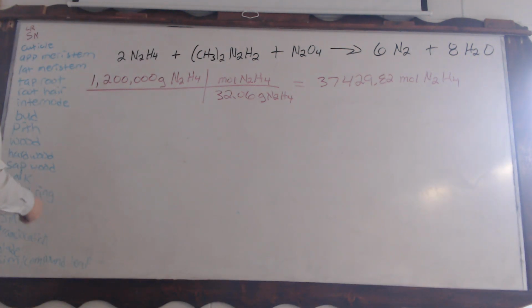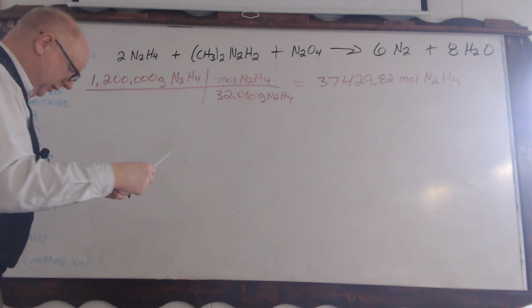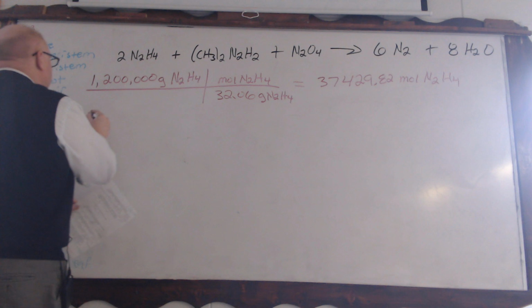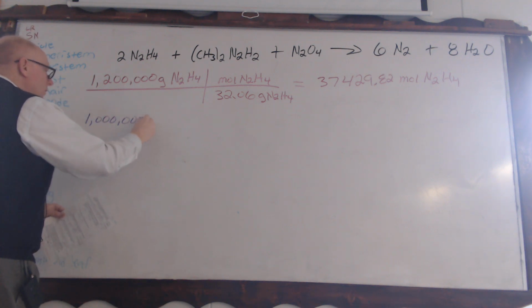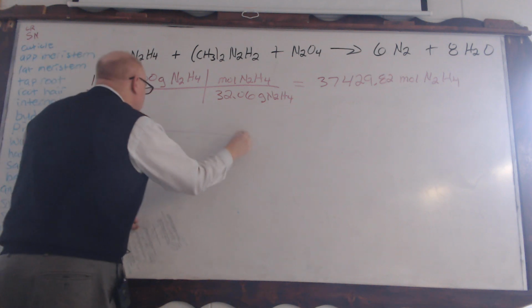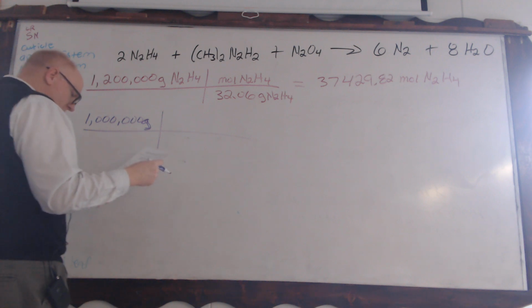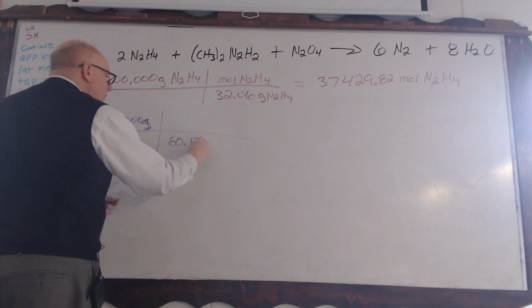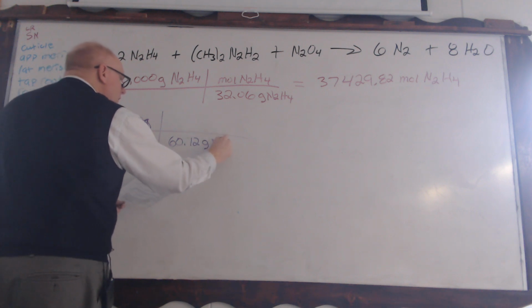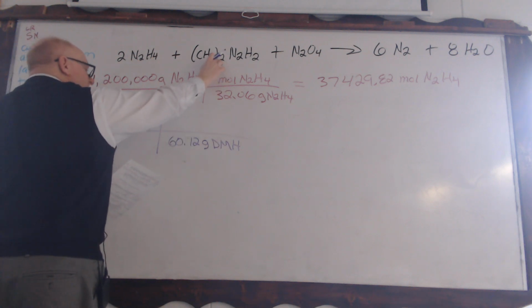Then we'll move on to our next one, which is 1 million grams. And I just abbreviate this because you actually see it on your paper. Okay, so DMH is this compound here.